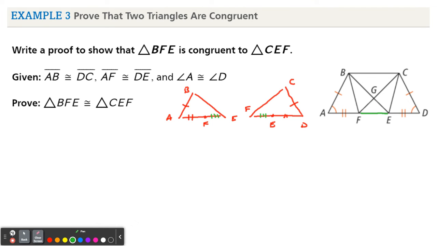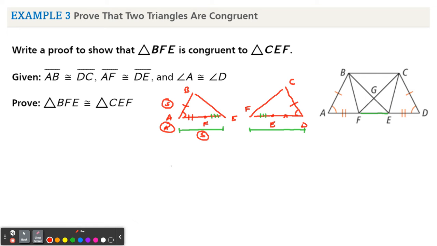If I combine this 2 marked congruent side with this 3, we're going to know that AE is congruent to DF. So that'll give me a second side in these two triangles. And then you're given angle A is congruent to angle D, so you're going to be able to prove these two triangles congruent by side, angle, side.